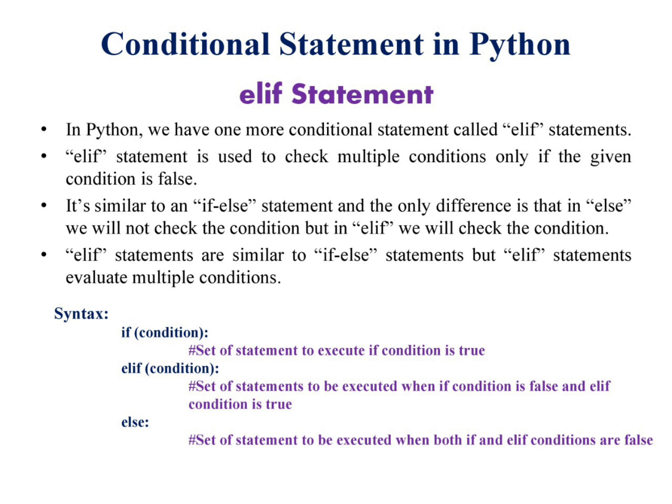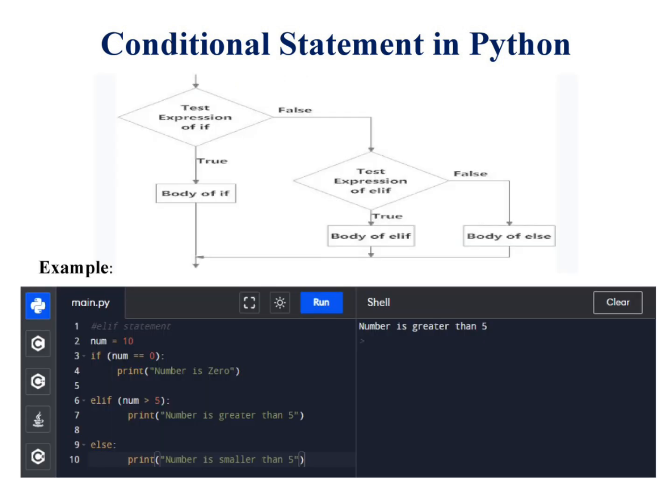Else, the set of statements to be executed when both if and elif are false. Moving on to the flowchart of the elif statement. First, if the condition of if fails, it will move on to elif. If the elif also fails, it will move to else and print the statement. Otherwise, it prints the true statements.